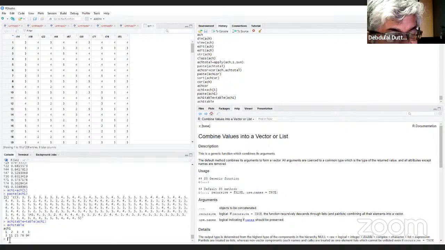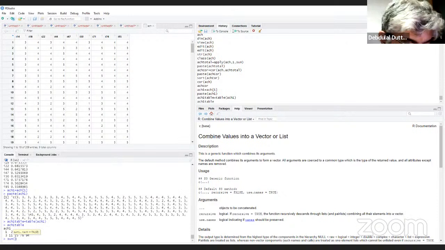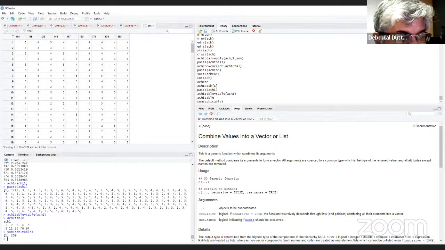Why? Because the total data is, if we can find out the sum, 209 total data is there.